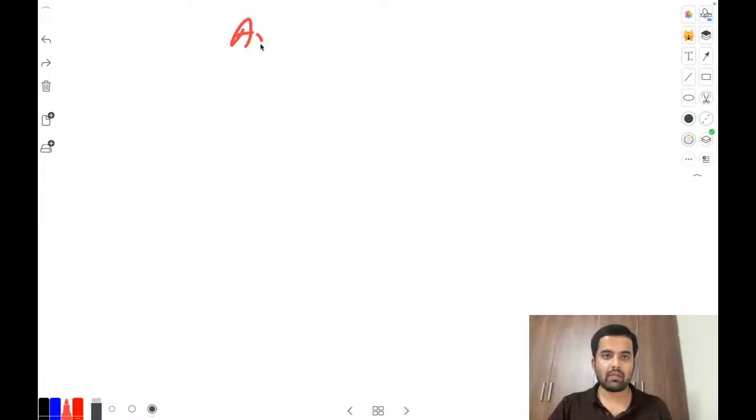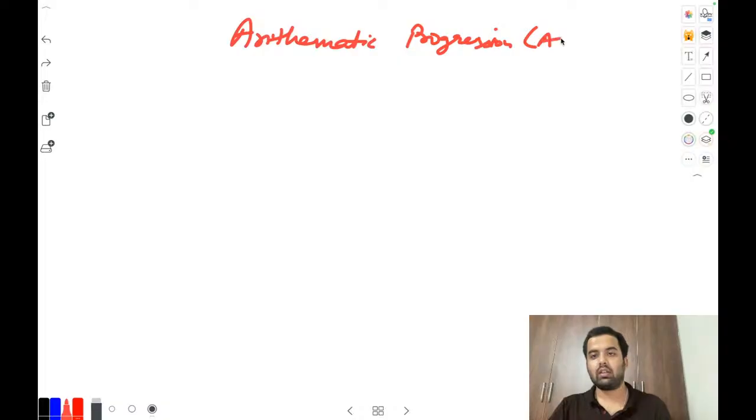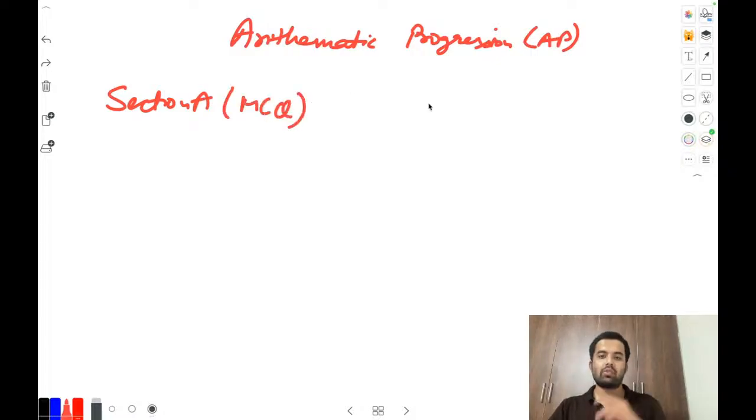Let me write the chapter name we are going to discuss today: arithmetic progression. The same pattern will follow as we discussed before. In arithmetic progression, section A MCQs are not many, maximum one question will come.